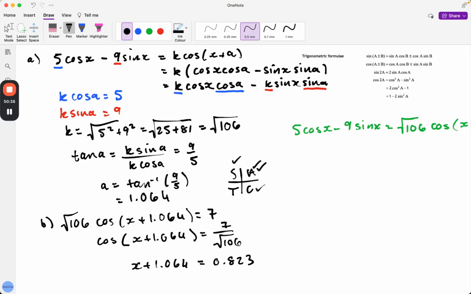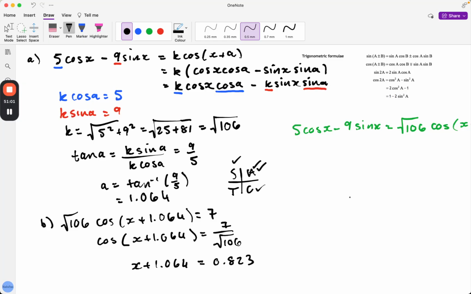You also want to have a little think whether or not you have to find some more values. It's sometimes easier to deal with when it's in degrees, but because we also have to subtract 1.064 from this value, you may also want to find your next value up as well, because there's every chance that that answer is going to lie within your range, because we want all answers that lie between 0 and 2 pi.